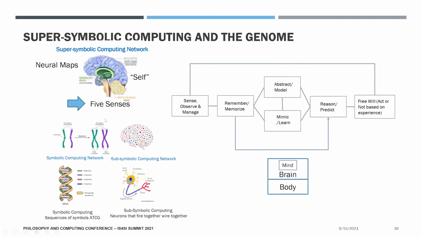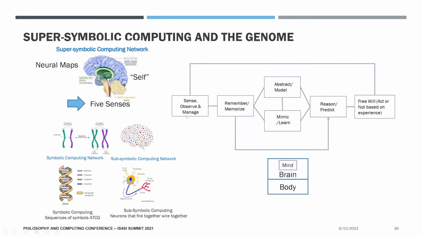These five senses signals are converted into local knowledge structures, and the neural maps are the knowledge structures, and then you have your neocortex processing them, and so on and so forth.